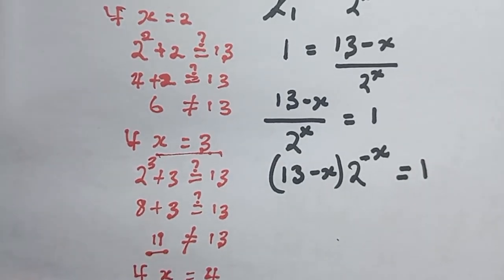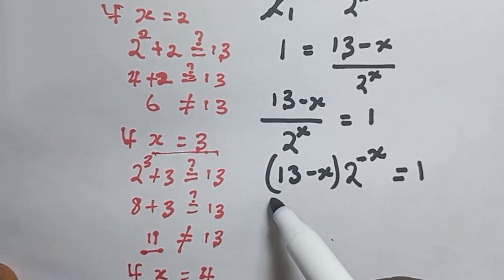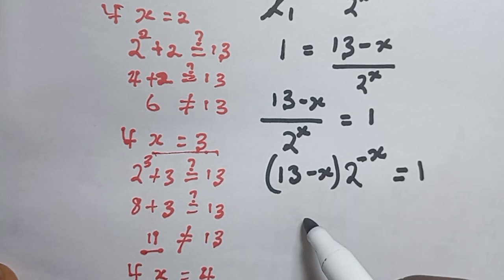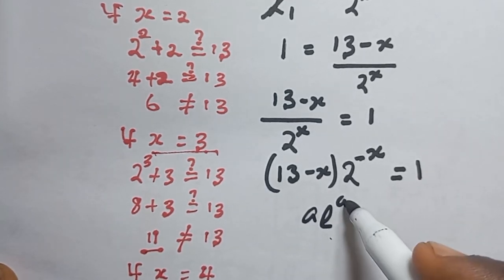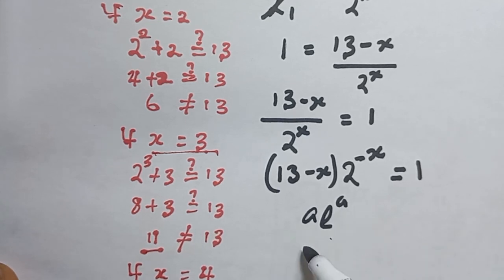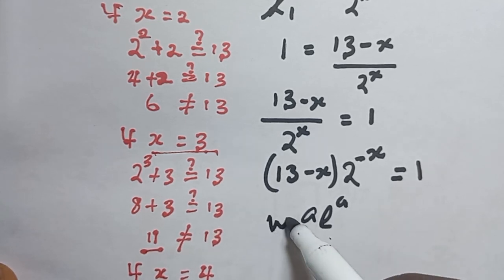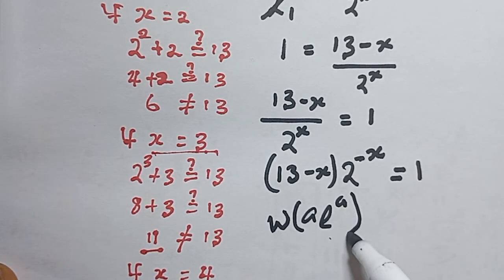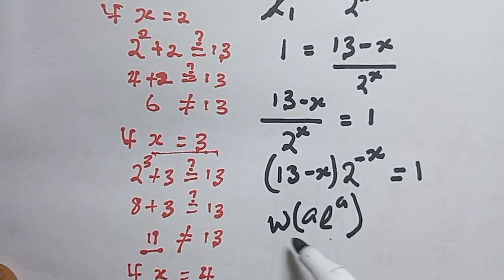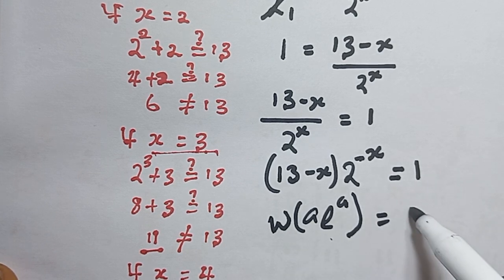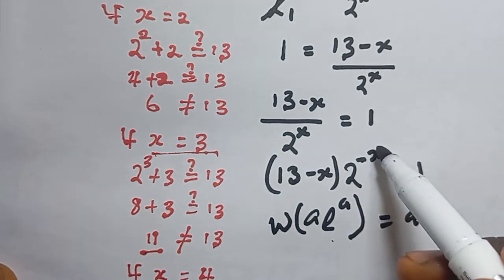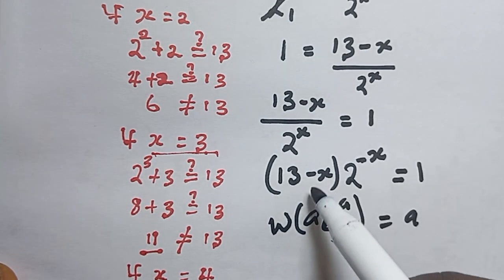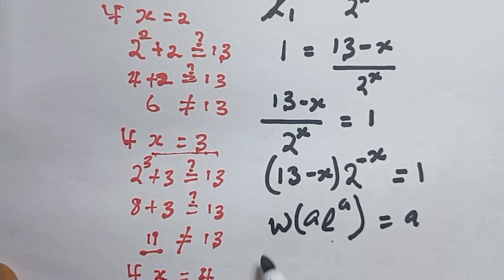The next thing I want to do is to find a way to simplify this expression right here to be in the form of a exponential a, because it is when it is in this form that I can go ahead to apply the Lambert W function. And when I do that, this function will collapse to a. And so to do that, I just need to simplify this minus x here to be the same with what I have at the base over here.